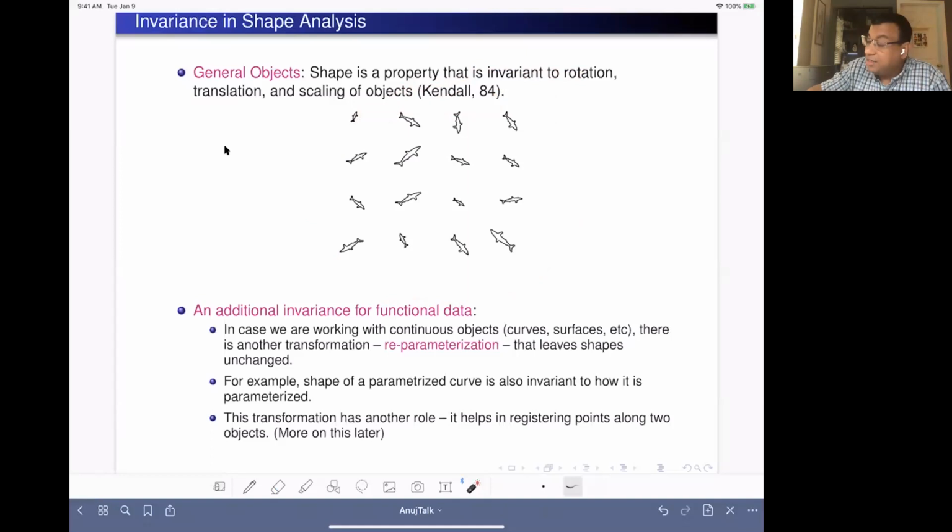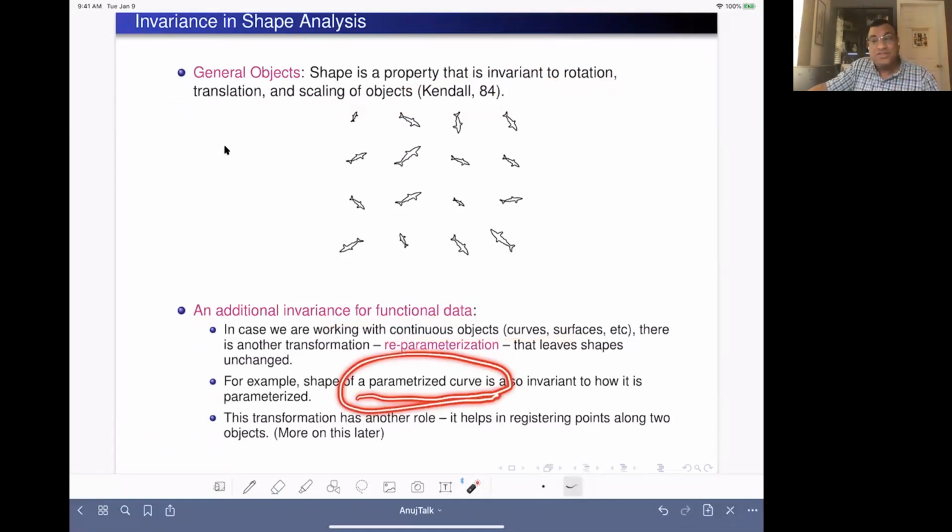Keeping that in mind, we run into one more problem, especially when we are working with functional data. In the case of a continuous object, we not only have rotation, translation, and scale, but we also have another kind of transformation. For example, say we have a parametrized curve, and it has a certain shape.